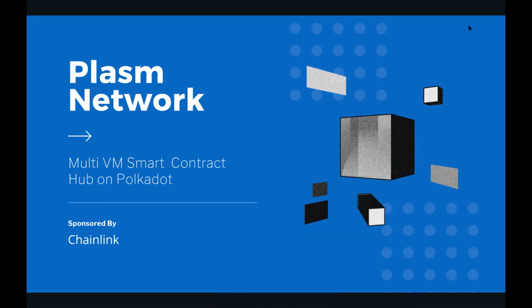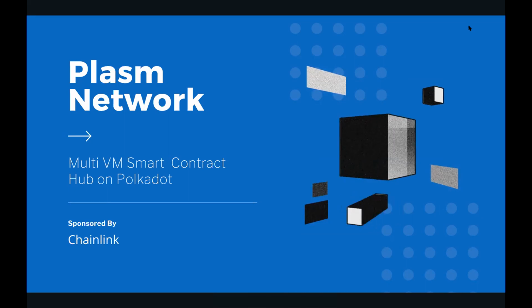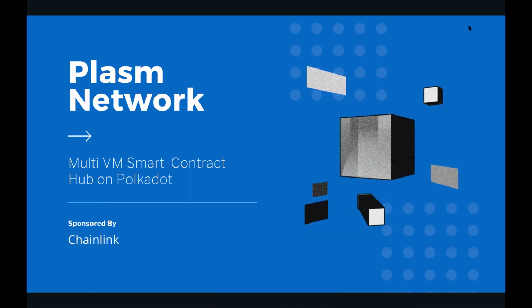So I'm going to talk about Plasm Network. Plasm Network is a multi-virtual machine smart contract hub on Polkadot that supports Ethereum and layer 2 technologies such as ZK rollup and optimistic rollup. We have been working on a scaling solution on top of Polkadot, and we have received around 6 grants from the Web3 Foundation.